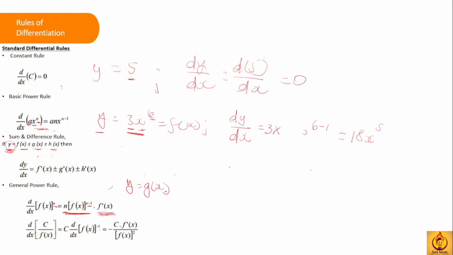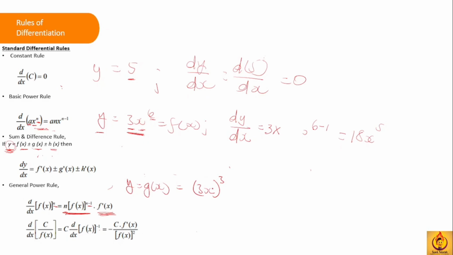Let me just say g of x. So you have y is equal to g of x equal to 3x, right? But this 3x, all of it is powered to 3. And we need to derive this, right? We need to follow the general power rule.